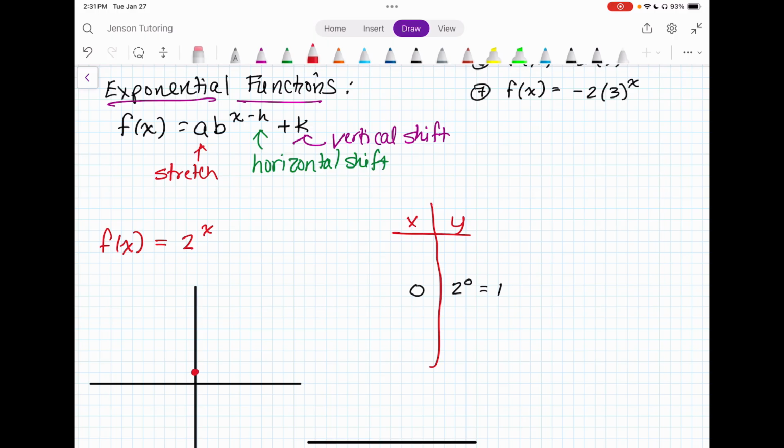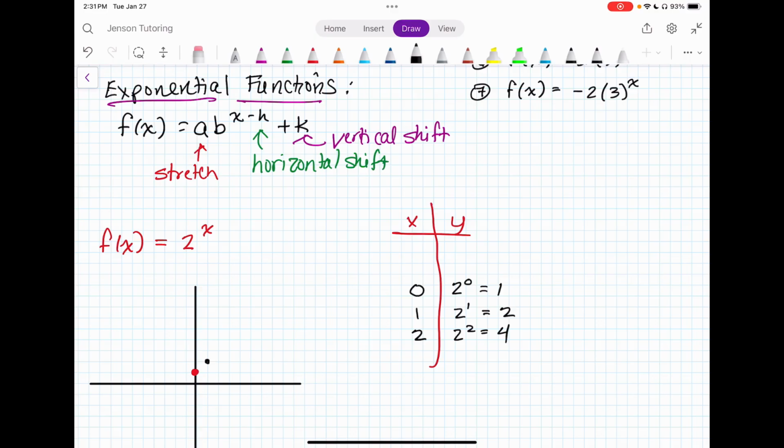Well, so what happens when I have x equals 1? Well, that's just 2 raised to the first power, so I get 2. So (1, 2). And when I have x equal to 2, that's going to be 2 squared is 4.